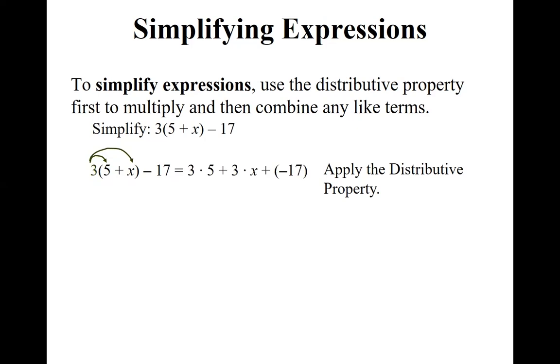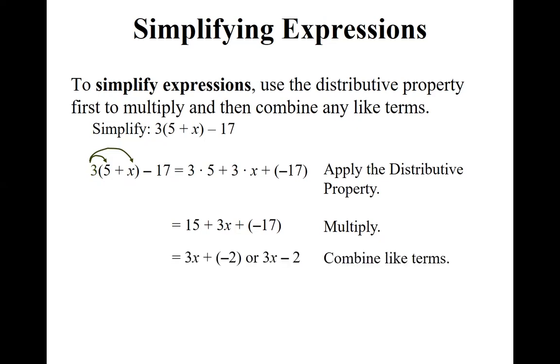That's 15 plus 3x. Plus negative 17. We're bringing that down. Or minus 17, however you have it. Combine like terms. 15 plus negative 17 is negative 2. So 3x plus negative 2. We write that as 3x minus 2.